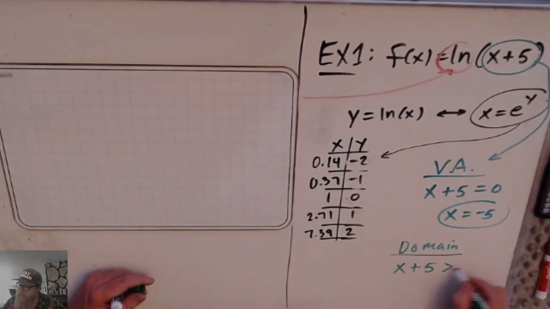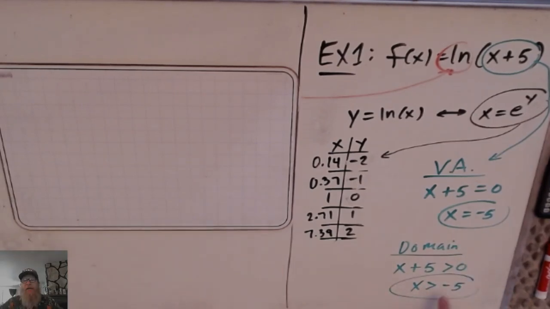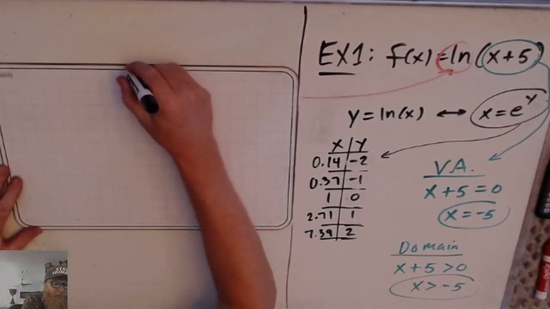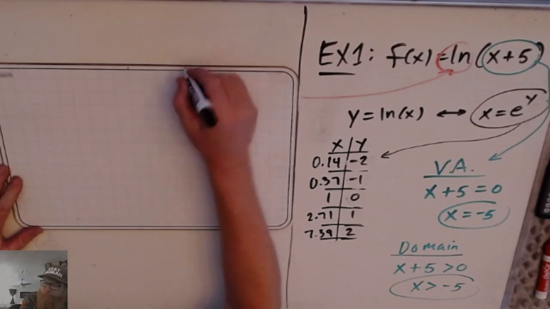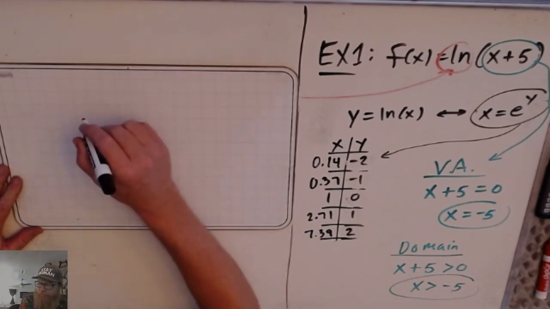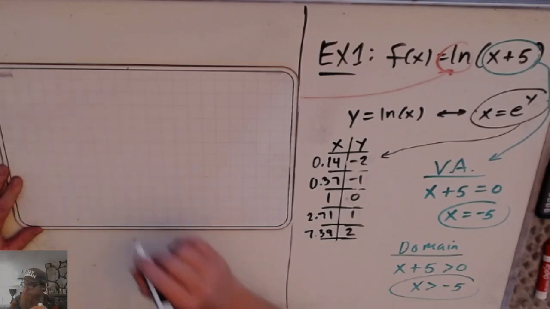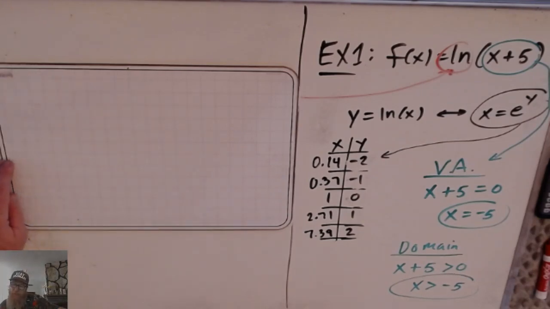For the domain, it's greater than 0. It's good to know both of these. It tells you where to put your graph. Your graph is going to be way over here at -5. x is greater than negative 5.